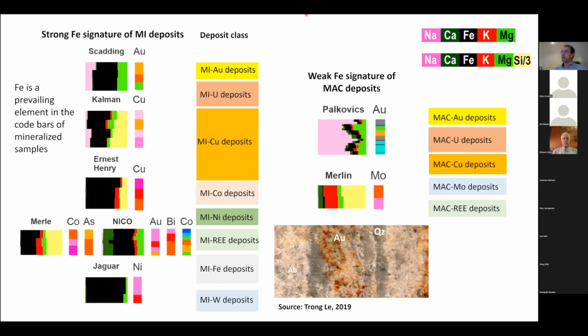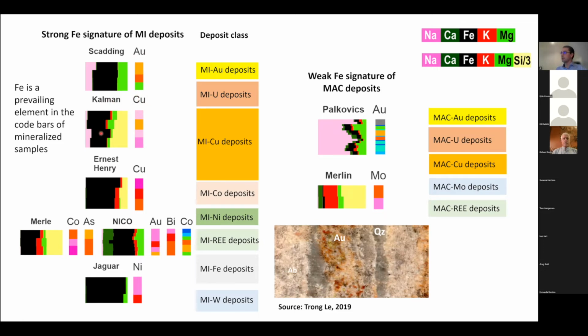So if we look at the chemical signatures of the metasomatic iron deposits and zones of mineralization, one thing that we can see using the barcodes, those without silica and those with silica, is that the iron component is really the key component in association with metal enrichment, whether it's Jaguar for nickel mineralization, Merle in the Blackbird district for cobalt, NICO for gold, bismuth, and cobalt, and the Henry IOCG for copper, Carmen, which is an IOCG in Australia, for copper.